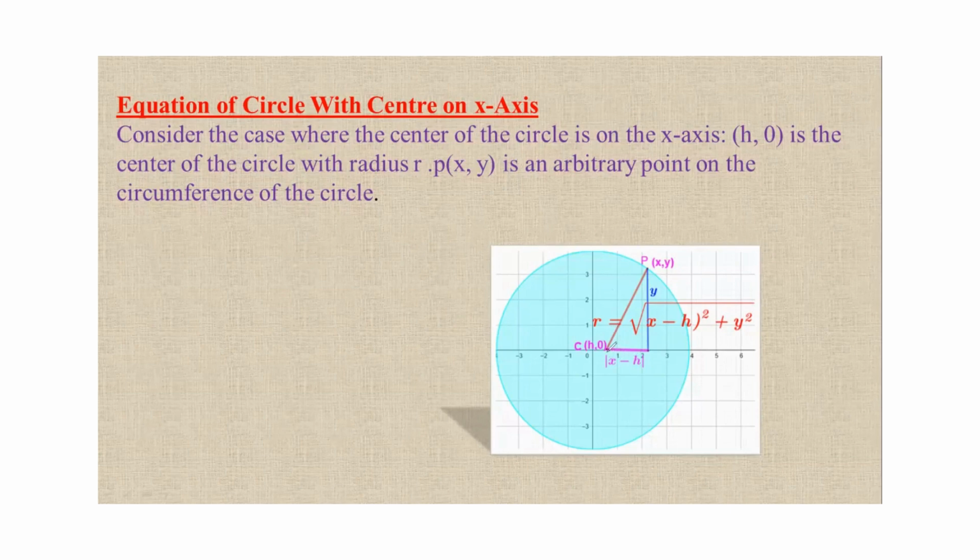Here is the horizontal distance. This is the vertical distance. Using the Pythagoras theorem or the distance formula, r equals the square root of (x minus h) squared plus y squared. If we square both sides, r squared equals (x minus h) squared plus y squared. The value of y is 0 and the center is on the x-axis.